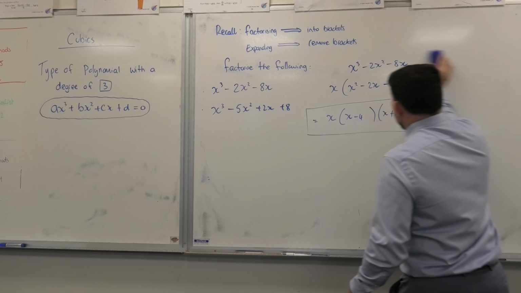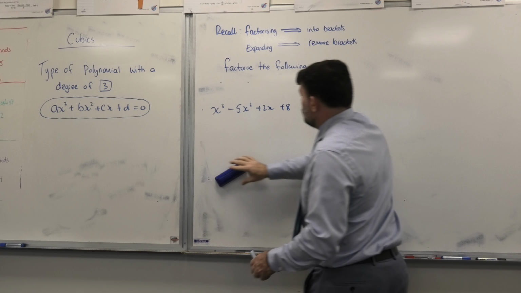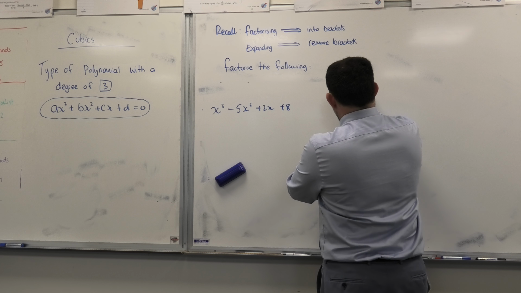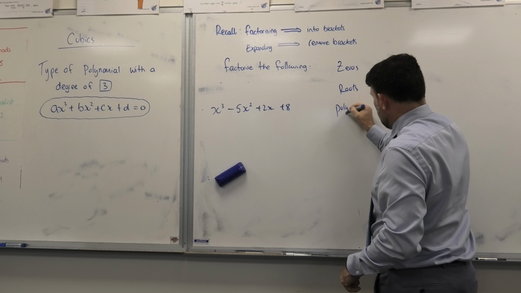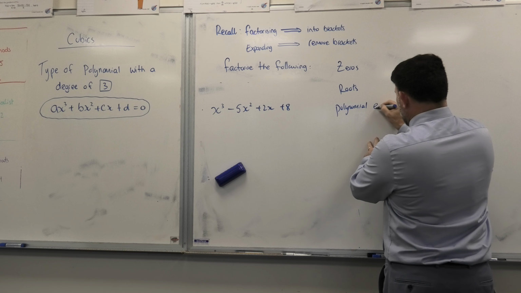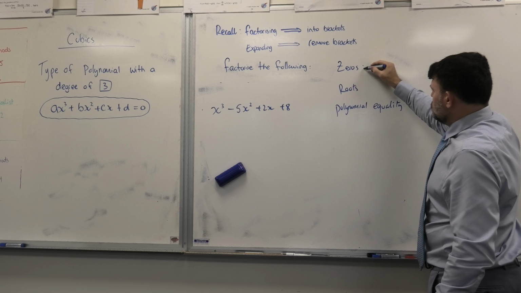Alright. Before we get to the second example, let's look at a couple of terms that you're going to be using here. These terms are called zeros, roots, and polynomial equality. So what do these things all mean?